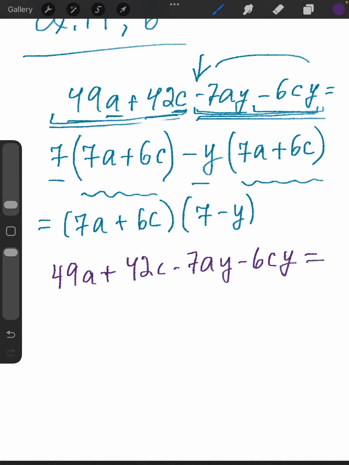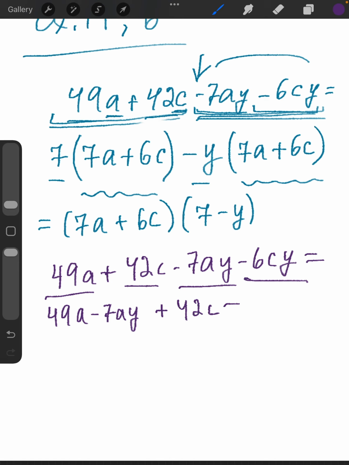Because when I first looked at this expression, I singled out 49a and negative 7ay. So I rewrote it like this. 49a minus 7ay plus 42c minus 6cy. It seemed to have made a little more sense to me, right? Just visually speaking. And it's easier because then you're not dealing with negative signs outside the parentheses.